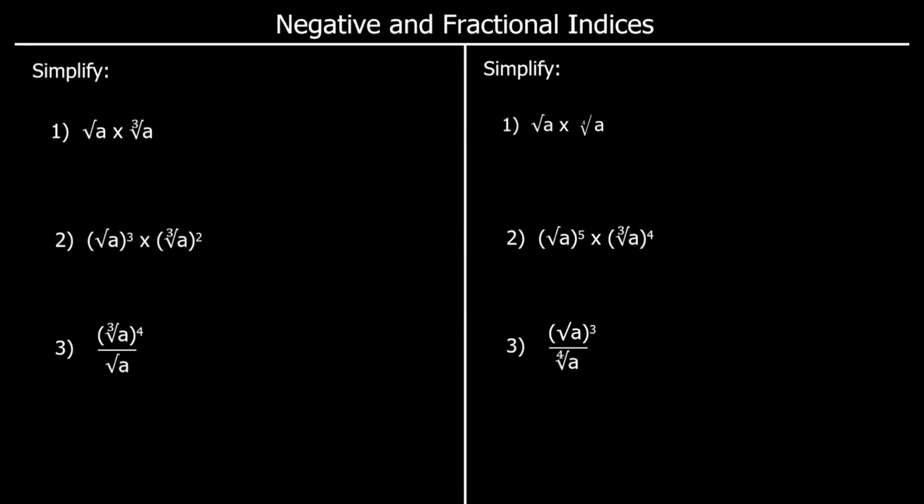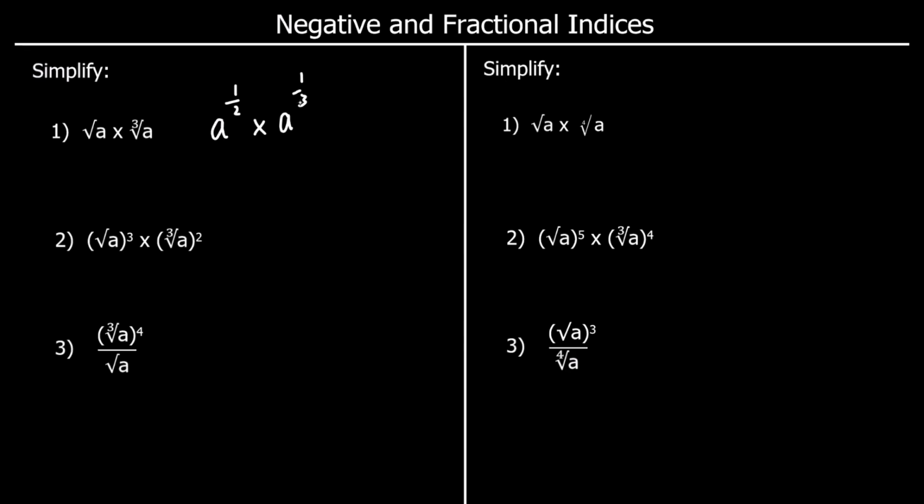And one more set of questions. This time we've got it written as roots, and we need to change them back into powers. So square root a is the same as a to the power of a half. Cube root a is a to the power of a third. How can we add them together?